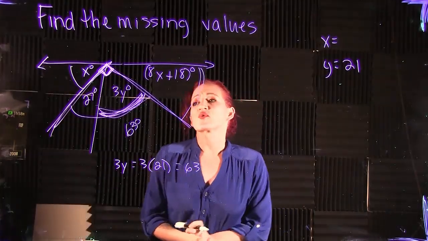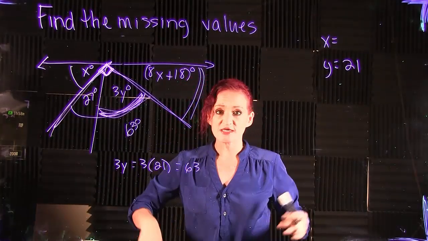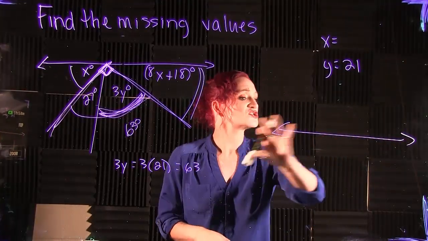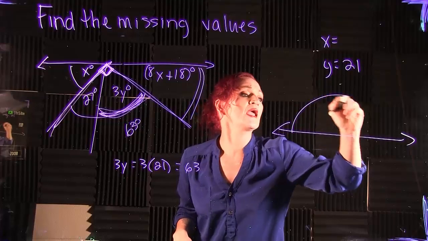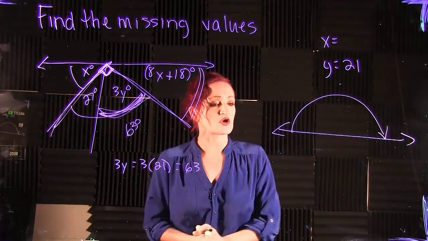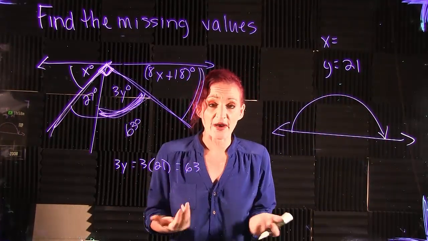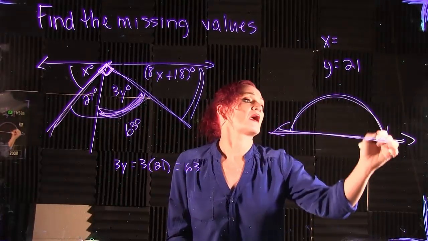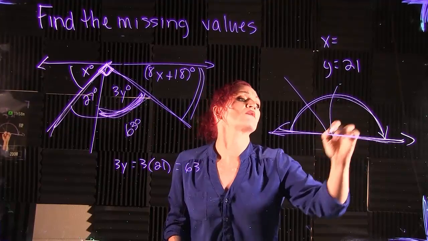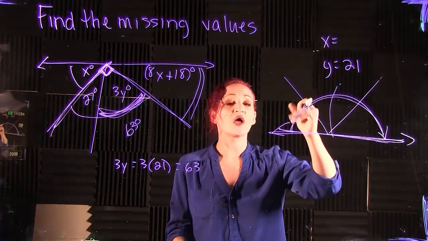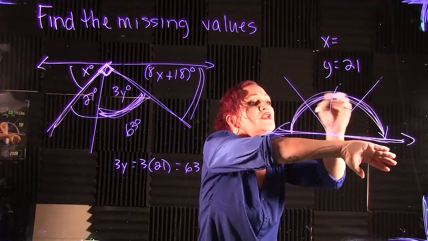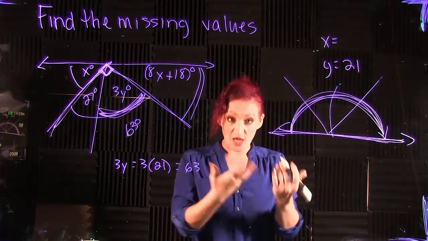The rule that I'm going to use for this one is just the definition of a supplementary angle. Anytime we have a straight line, any angles within that straight line add up to 180 degrees. Whether it's 1, 2, or 10 different angles within here, the definition of a straight angle is that it is 180 degrees.